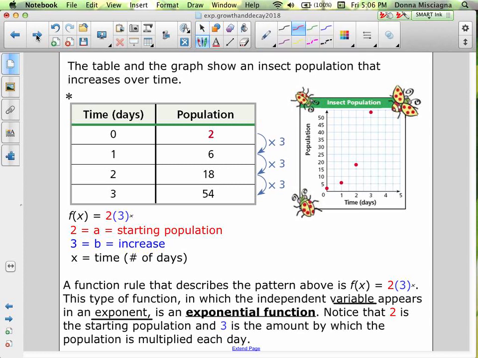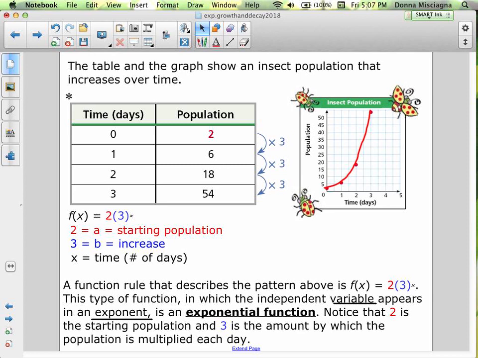Here we can see what this looks like on the graph. The points are plotted. There would be the graph of the fruit fly population. And notice as time goes by, that curve gets steeper and steeper and steeper. So an equation that would represent the population growth of the fruit flies here would be f of x equals 2 times 3 to the x. 2 is our starting population.